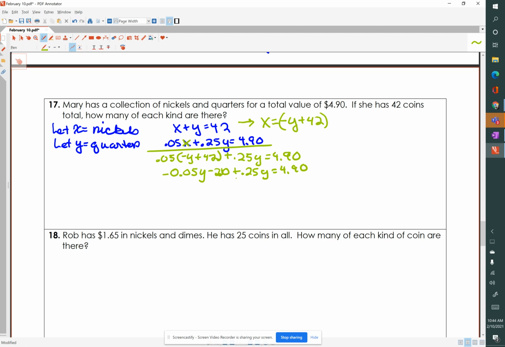Let's combine 0.25 and negative 0.05, which will give us 0.2y. Minus 2.10 equals 4.90, and we'll add 2.10 to each side, and 0.2y equals 2.8. I'm sorry, we have a plus here, and then we subtract.